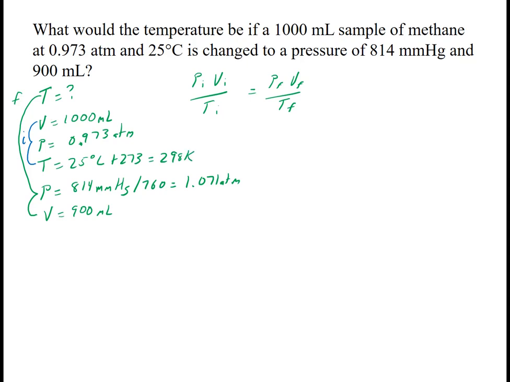All right, so I have an initial pressure of 0.973. I have an initial volume of 1,000. I have an initial temperature of 298. I have a final pressure of 1.071.